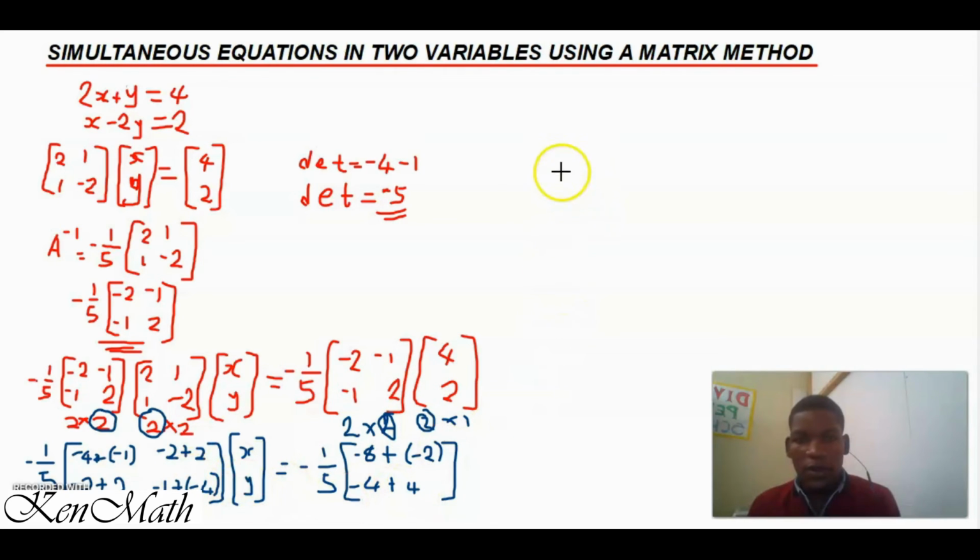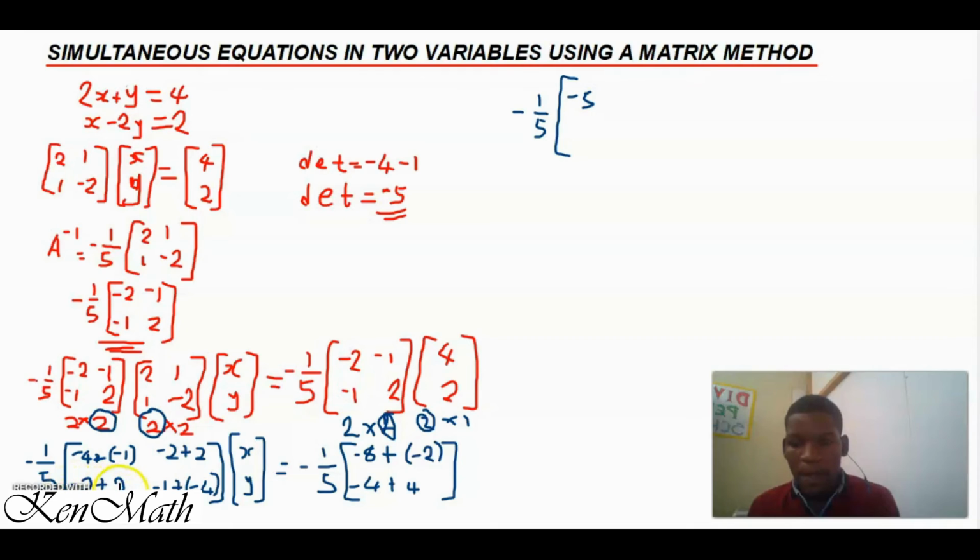Okay, so I'll continue to the other side. I'll say negative 1 over 5. So negative 4 plus negative 1, it gives us negative 5.